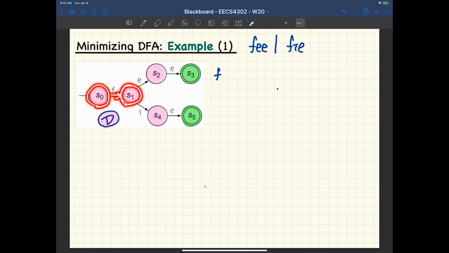For S1, if I take F, where would it go to? D, in the same partition. What about S2? The same. Okay, what about S4? So F is actually okay. As far as making F is concerned, all the states are considered as equivalents. Are we okay?